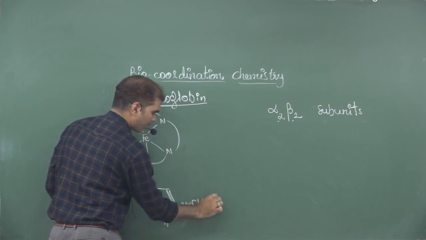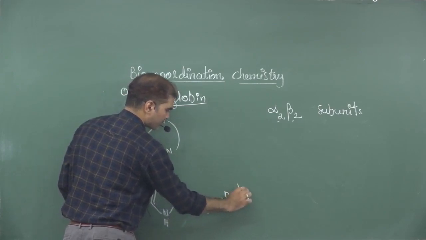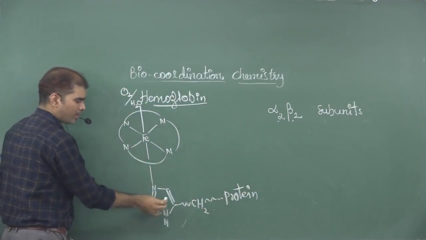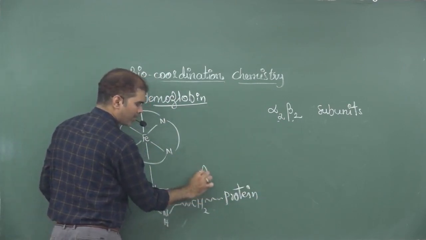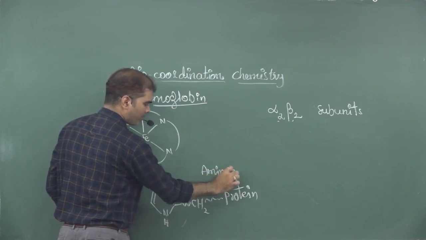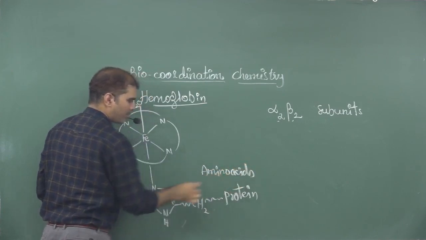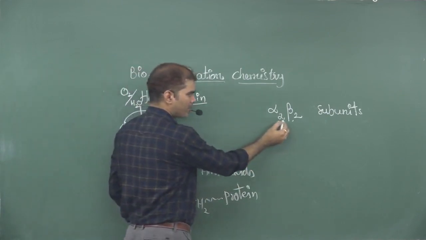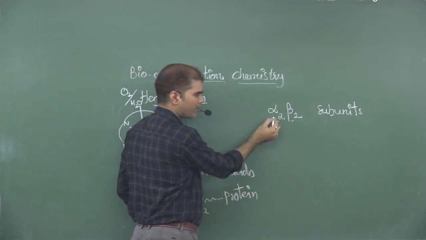This is a protein part. In this protein part, it will have some amino acids. Protein is made up of amino acids. How many amino acids will be present? That depends. Hemoglobin altogether has 4 subunits. 2 are called alpha.